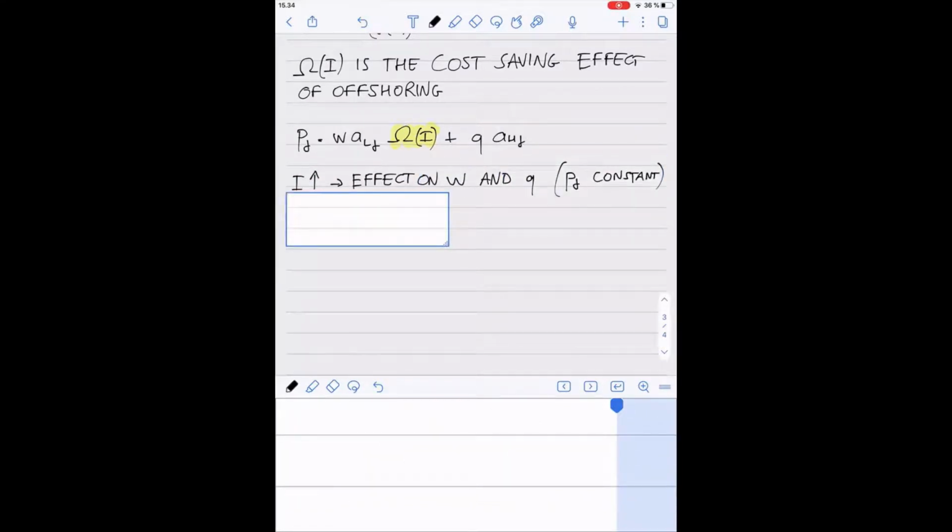To study the effects of offshoring on the factor rewards, we need to take the total derivative of the zero profit condition, like we did in the Stolper-Samuelson theorem.